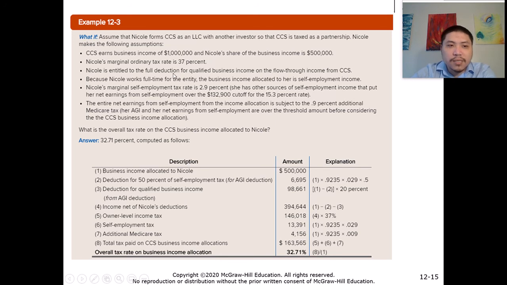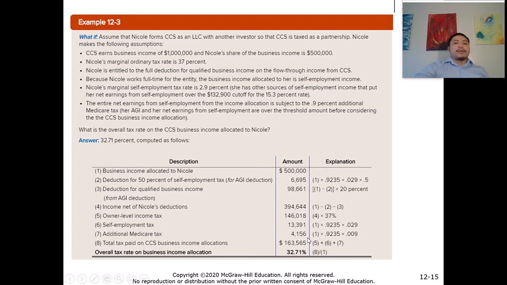And then since Nicole also has to pay the additional Medicare tax, we take $500,000 times 0.9235 times 0.009. That gives us 4,156.